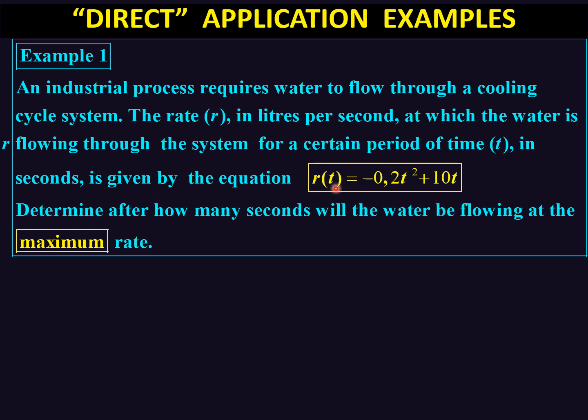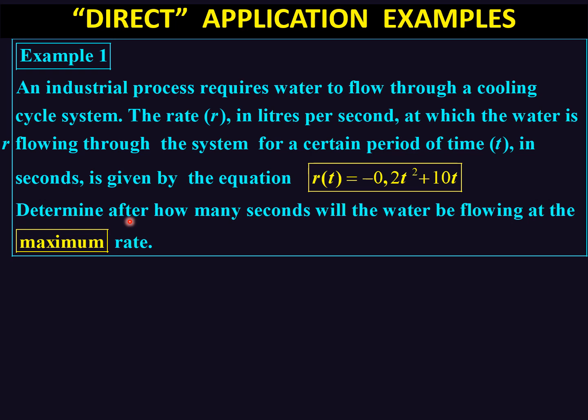What do we say this should be? This is now our objective. Let's see what the question requires. Determine after how many seconds the water will be flowing at a maximum rate. So it's the rate, that objective function is given for it, and we have to optimize it. In this case, we need to find the maximum rate. Come. Before we actually do it, let's see whether you can recall the procedure.